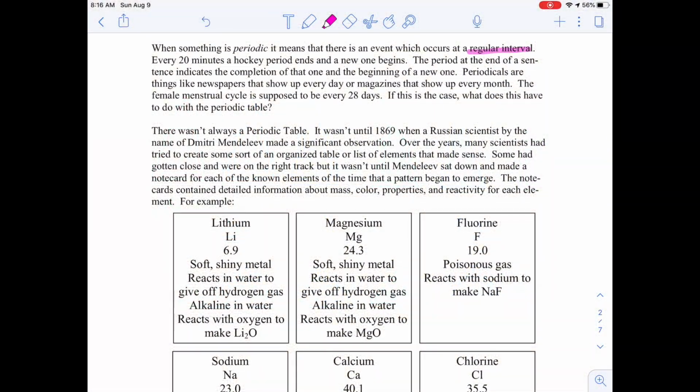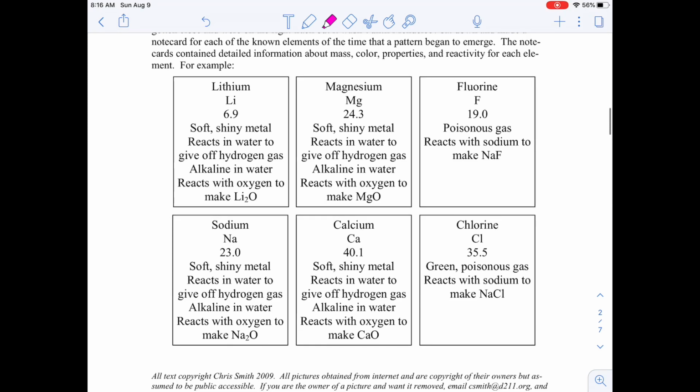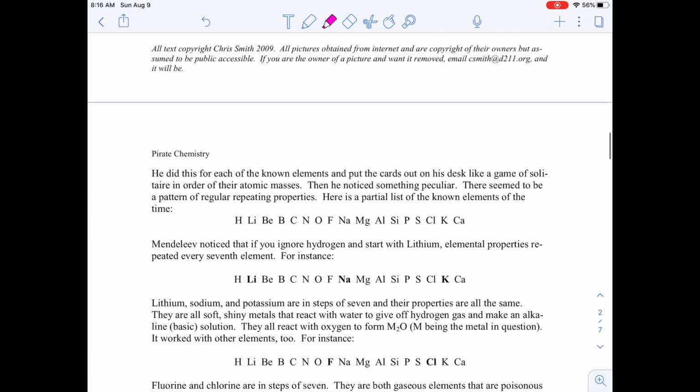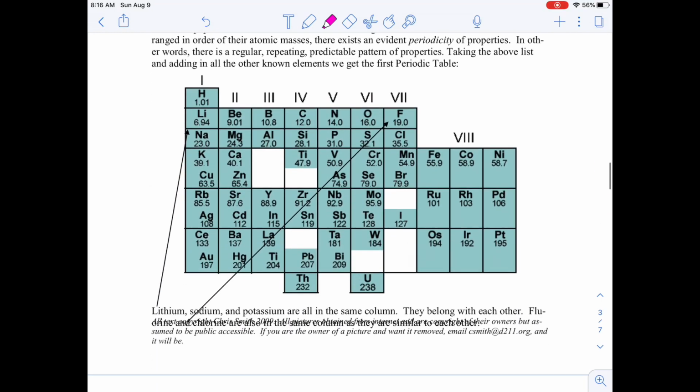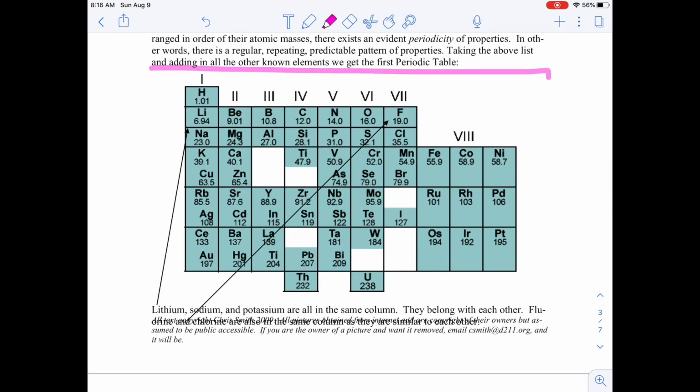All right, so Mendeleev. He came around in 1869, and all he did was he took the elements that they already had, he wrote them down on note cards, good old note cards, and he started to find a pattern. And he arranged them all, and he put them into what he thought was his original table here.